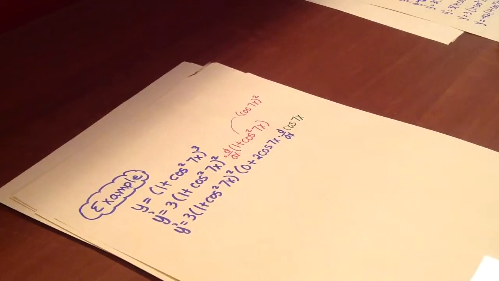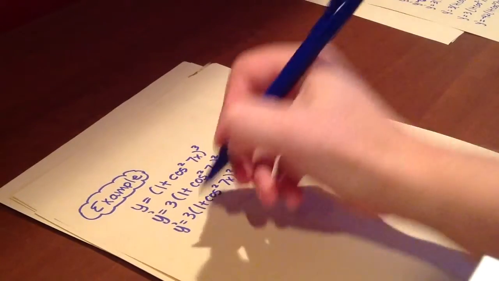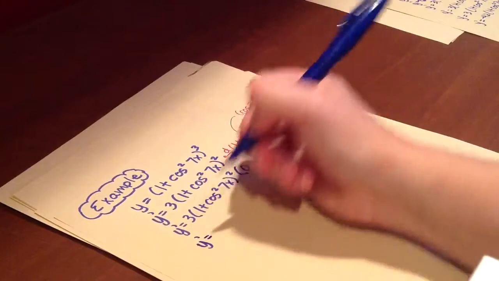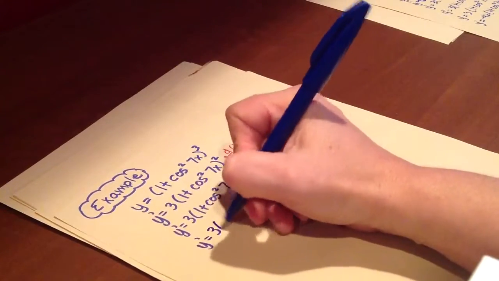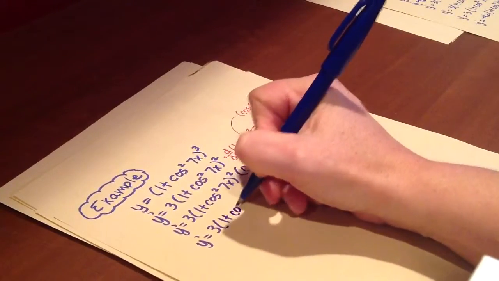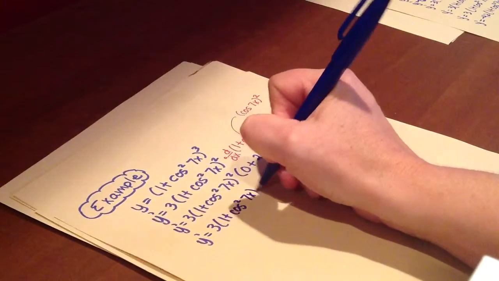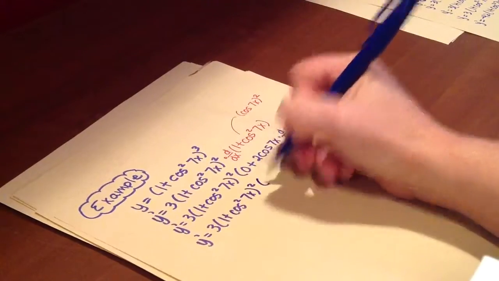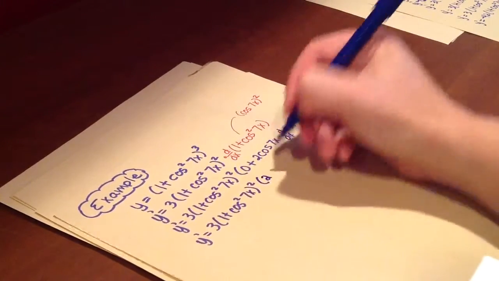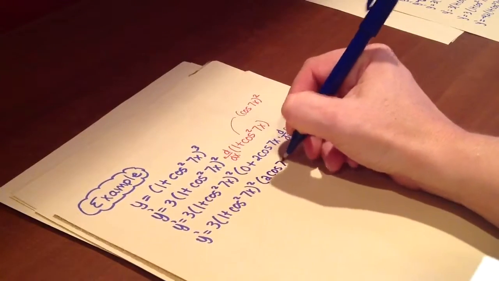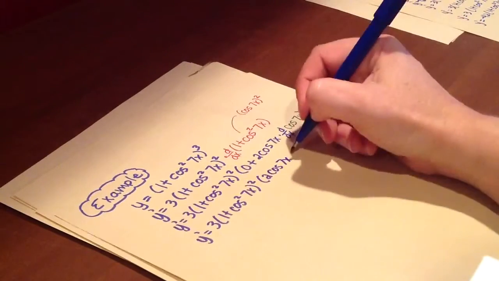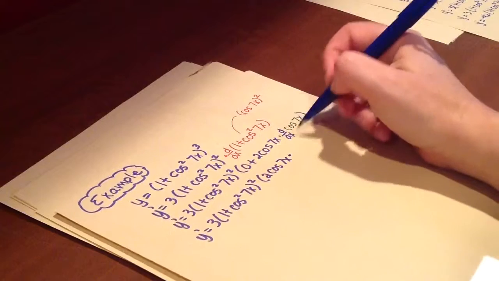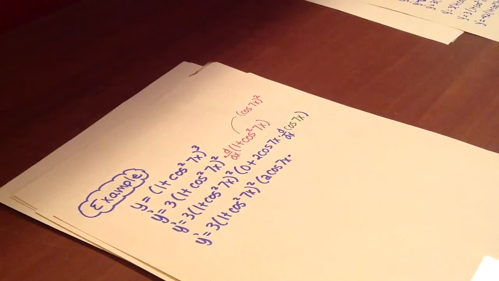Okay, so let's see how this cleans up. We got y prime equals 3 times 1 plus your cosine squared of 7x all squared, times 2 cosine 7x, times, now we've got to take the derivative of cosine of 7x.